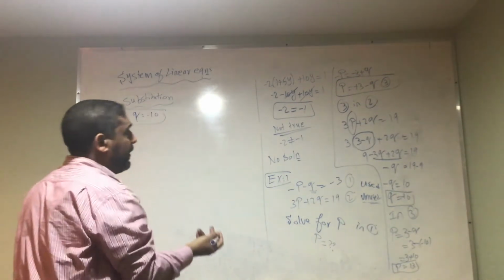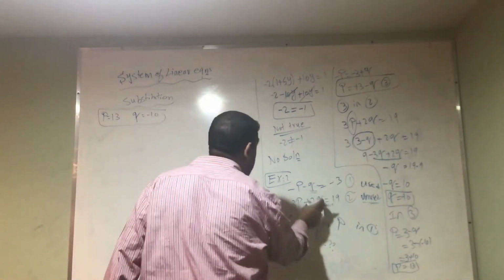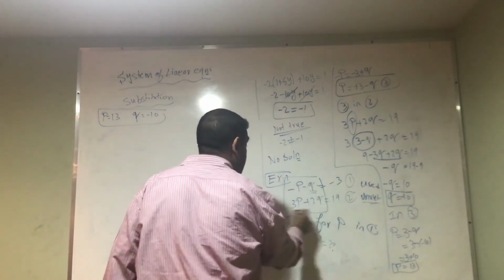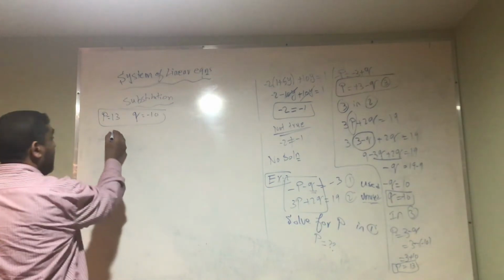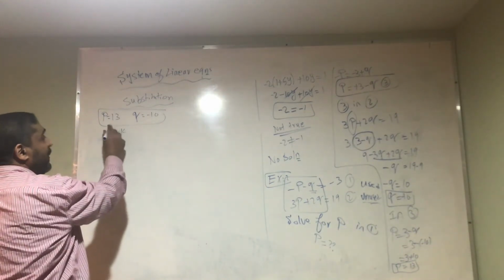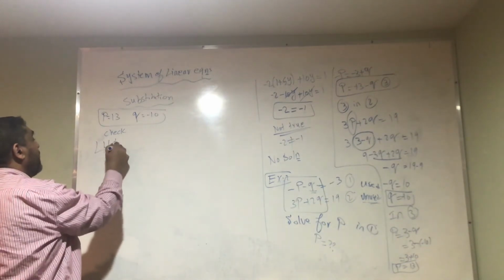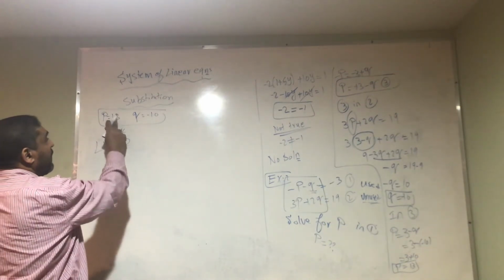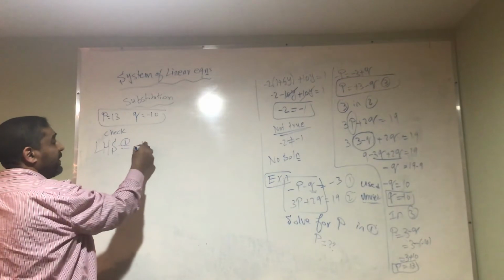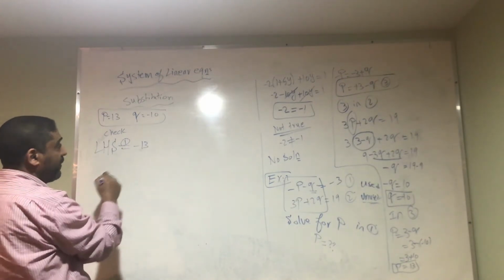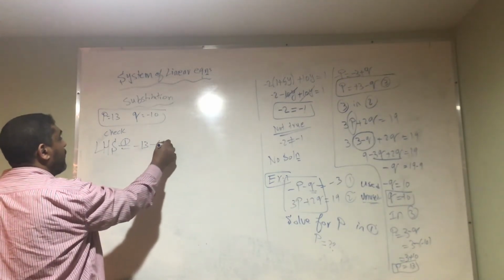So you can check, put that in equations number 3, 1 and 2. How to check? I put it in the left hand side like this. If I replace p by 13 in the left hand side of equation 1, what did you get? You get minus 13 minus q. What is your q? Your q is minus 10.